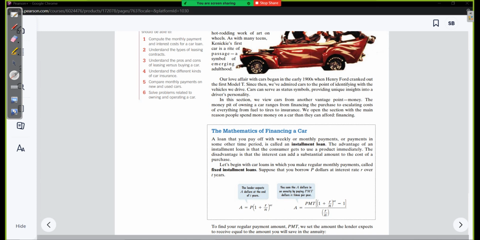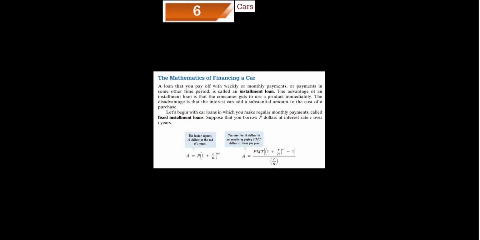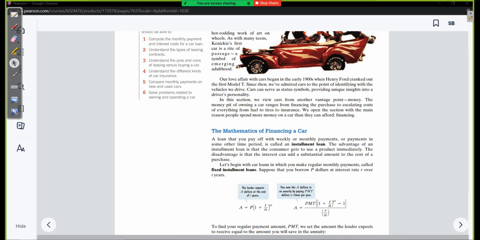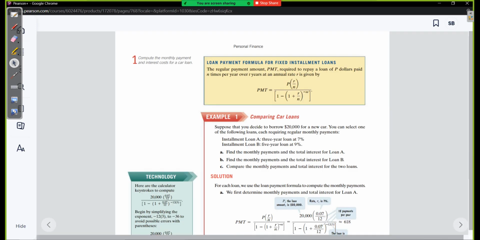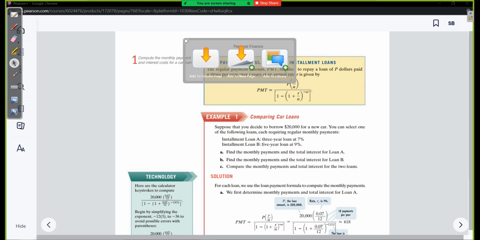But overall, we do use our financing formula here. I guess we'll put this on a new page over here so we can follow along with the formula.